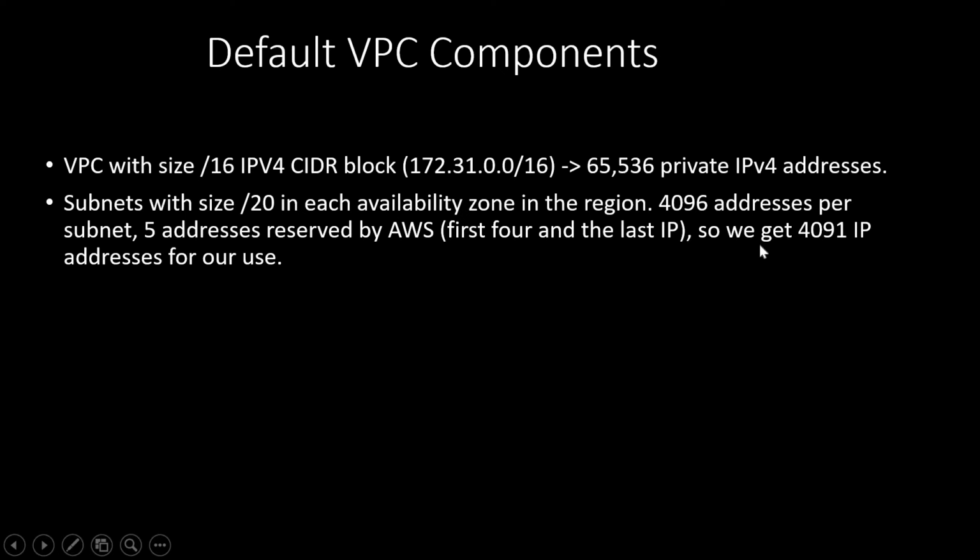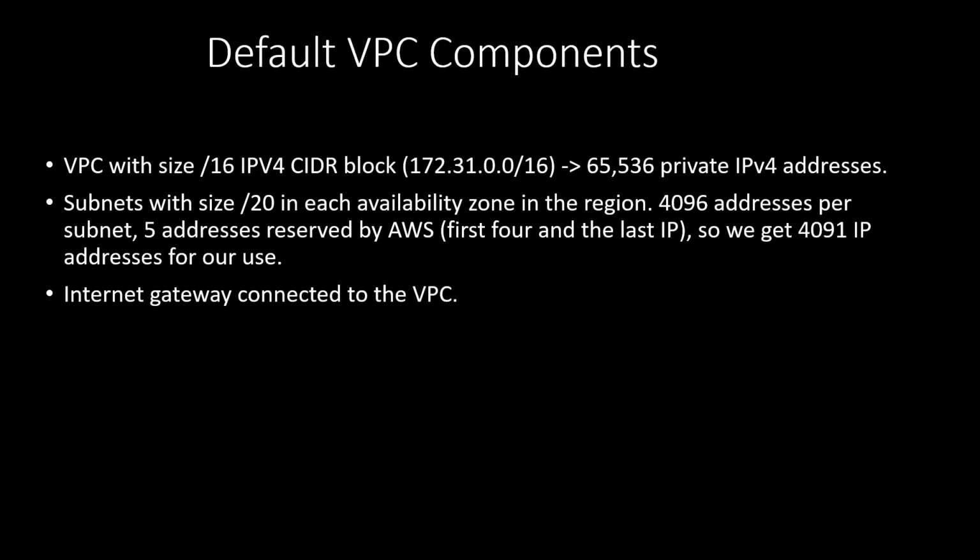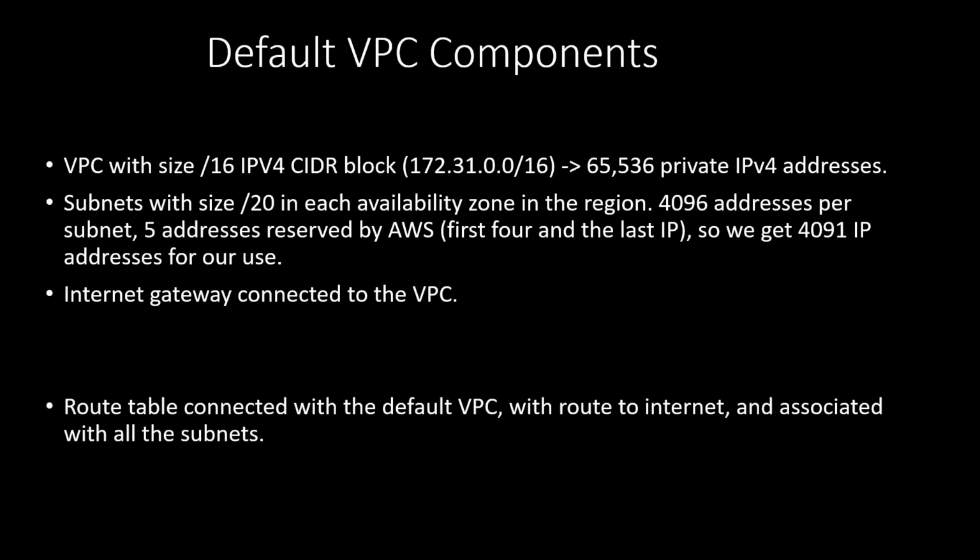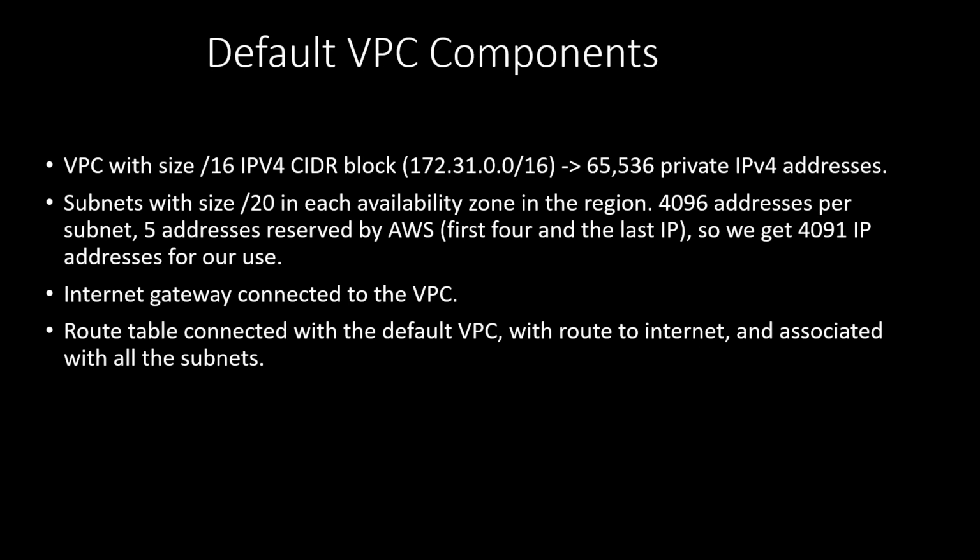So we get 4091 IP addresses for our use. Third is we get an internet gateway connected to the VPC, and then a route table connected with the default VPC with a route to the internet and associated with all the subnets.